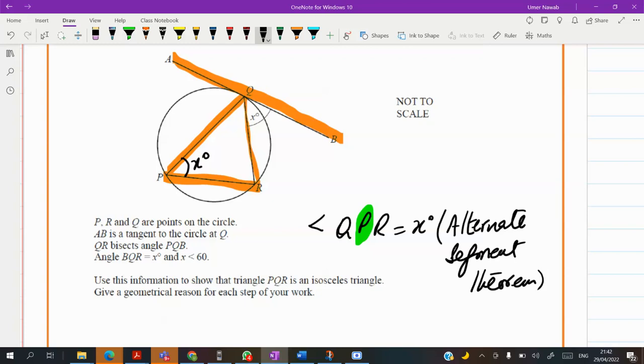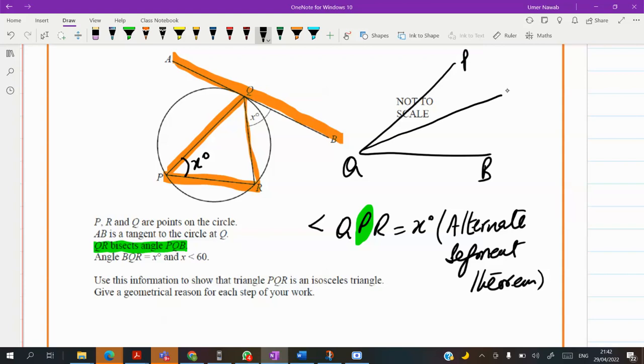Second thing, he says we need to prove that PQR is an isosceles triangle. Let's see. Did he give us any other thing? He said, oh yes, QR is bisecting the angle PQB. Look at that. This is PQB, and QR is a bisector. So bisector means it cuts the angle into two equal halves.